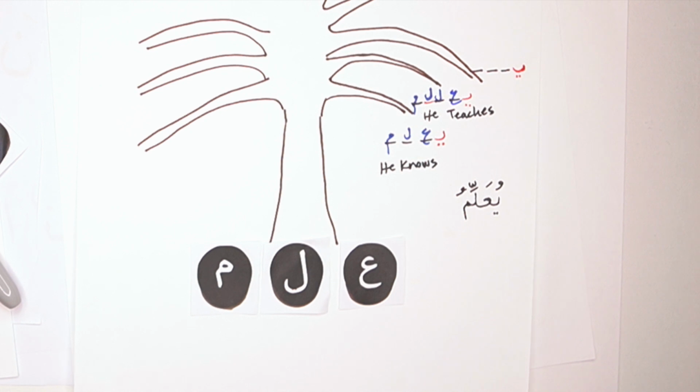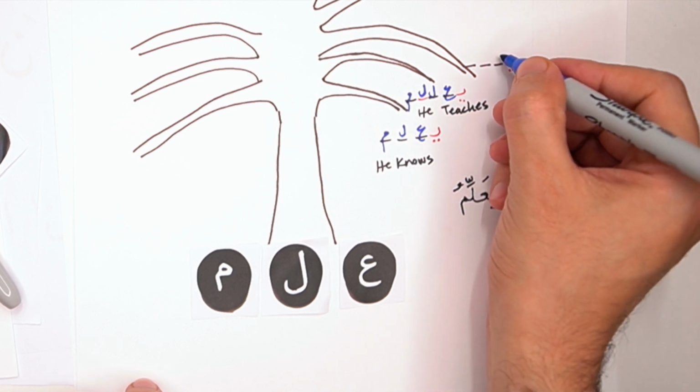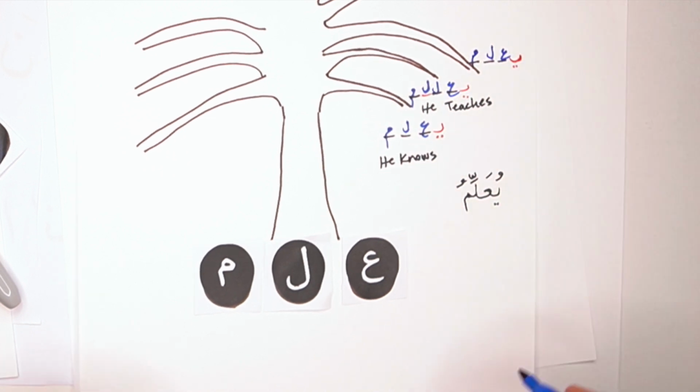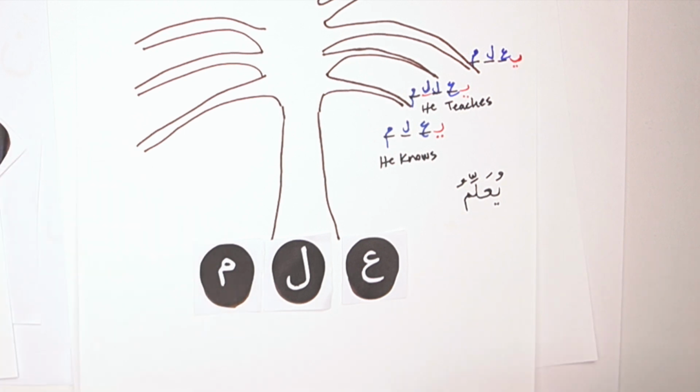So now this is the same as number one, the first one that we did. So ain, lam, mim, exactly the same. The only difference is the vowels. The vowels on these ones have to follow a specific pattern.